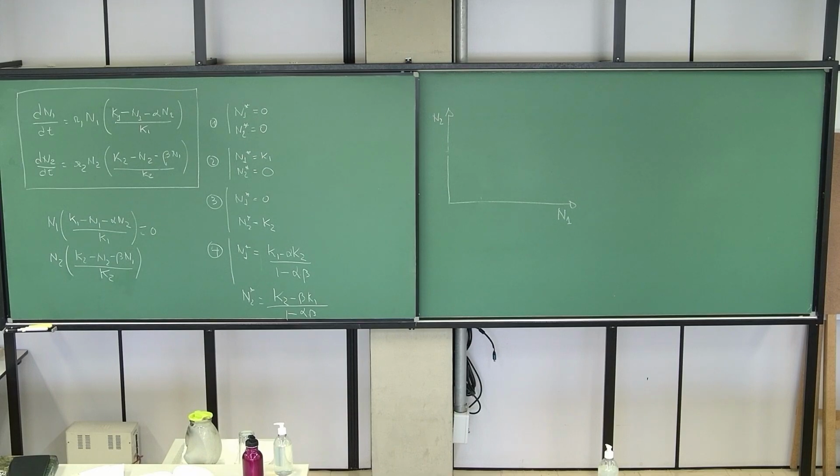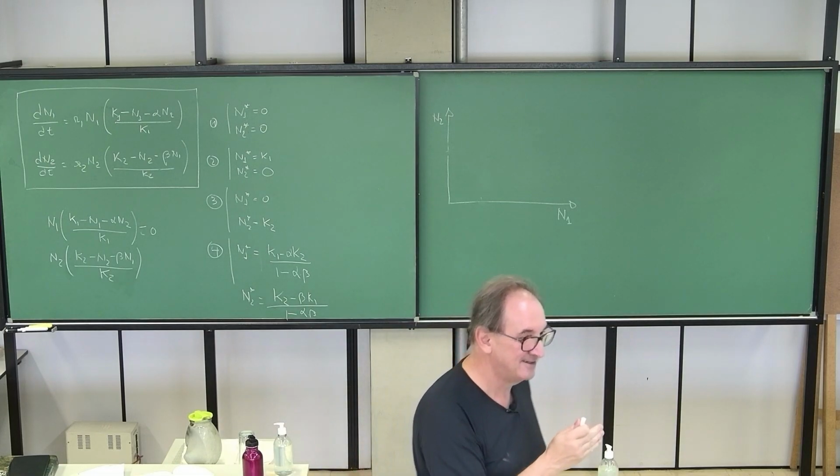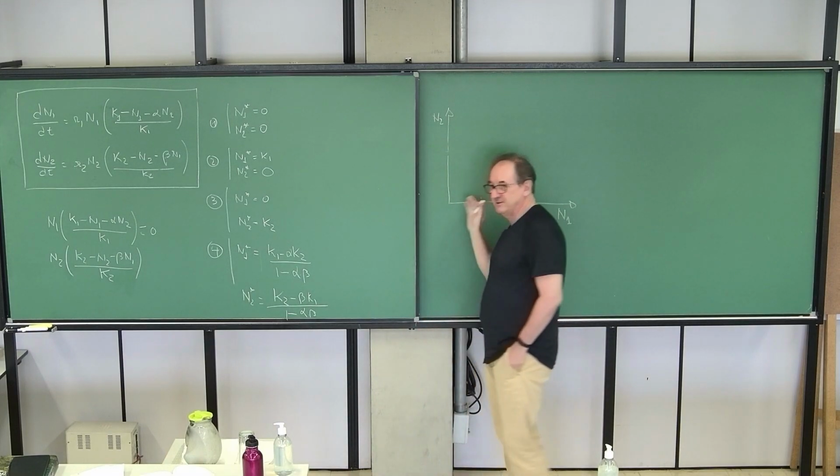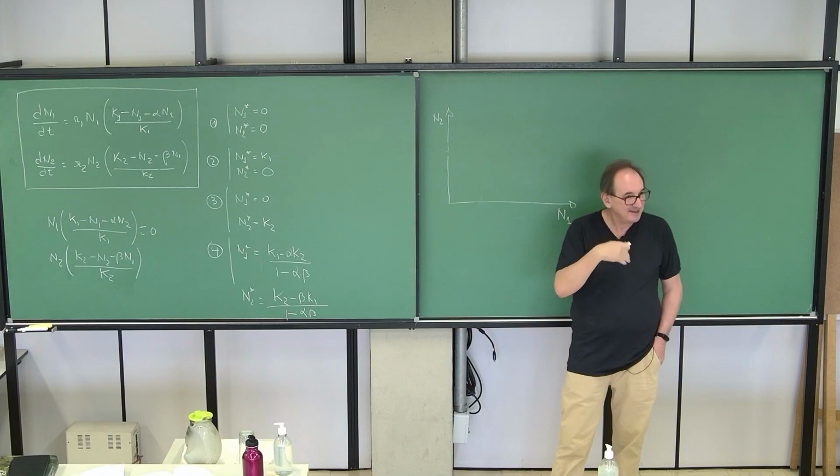That was something completely different. That was the discrete time dynamics. This is not discrete time. That's a differential equation. So that's completely different. It's just because I have N1 and N2.